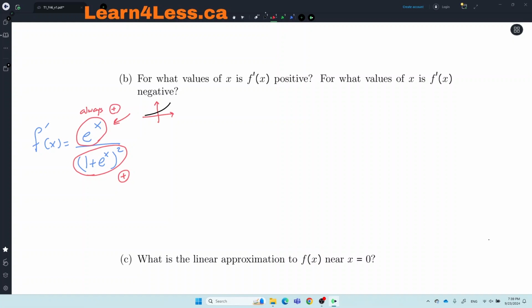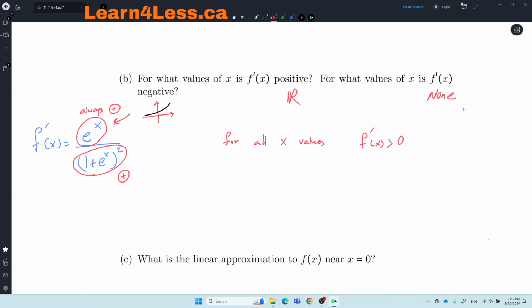So for all x values, f prime of x would be positive, and it is never negative. So the answer for the first part would be all real numbers, and for the second part, none. It is always positive, and a positive derivative means the function is increasing. So for all x values, the function is always increasing.